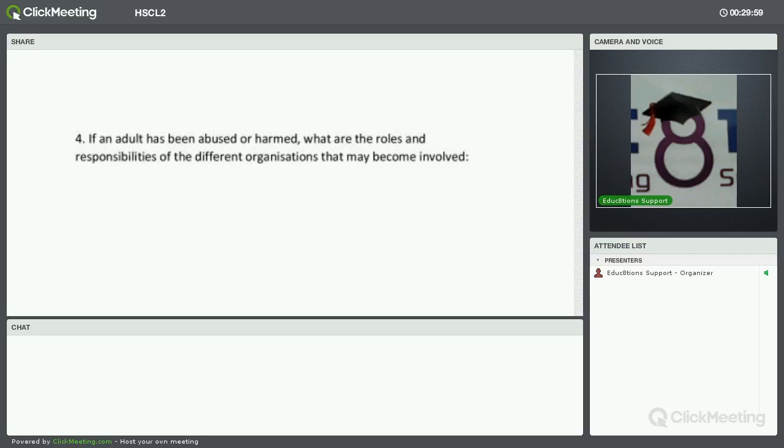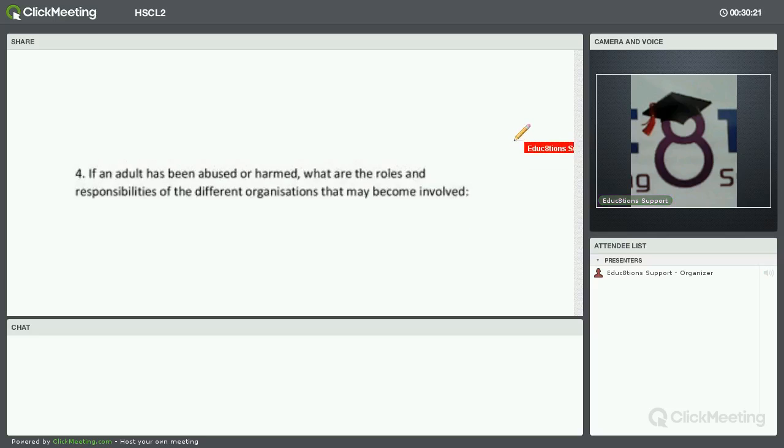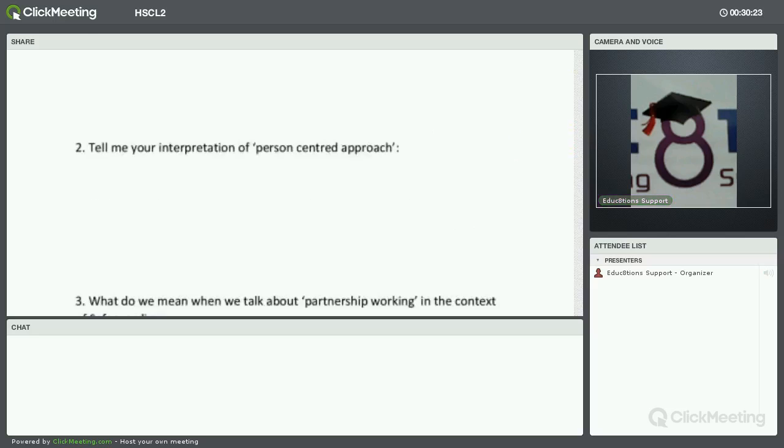Because you'll have a lot of different organisations that will get involved. Obviously you've got your own organisation and your own manager. Yes, that's fine, that's one. But you do some research and have a think about all the other different organisations that get involved. So I need you to tell me what they are and what their roles and responsibilities are. Okay.